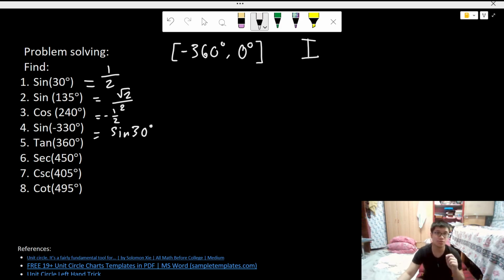We have to make sure about the sign. In the first quadrant, the coordinates of the ordered pairs are both positive, meaning your x and y are positive. Since y is equal to sine theta, if your y is positive, then your sine theta is positive as well. So it is positive sine 30 degrees.